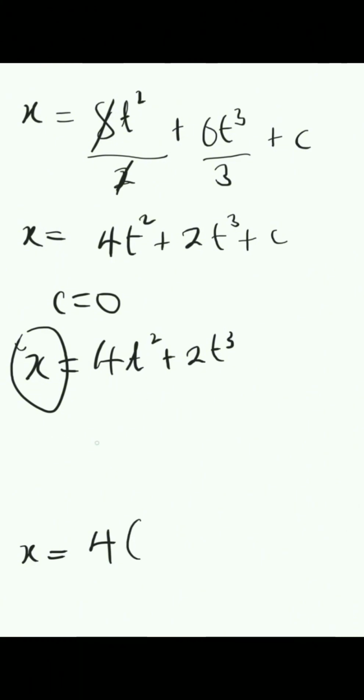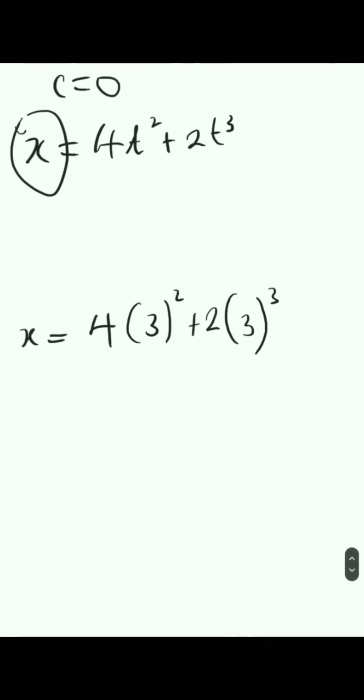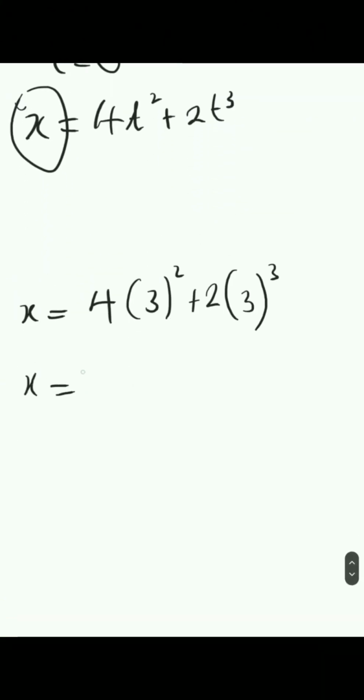And this will simply give us 4 multiplied by 3 squared, then you add 2 multiplied by 3 to the power of 3. Now 3 squared gives us 9. When you multiply by 4, you get 36.